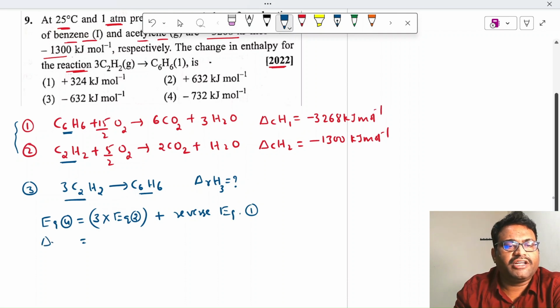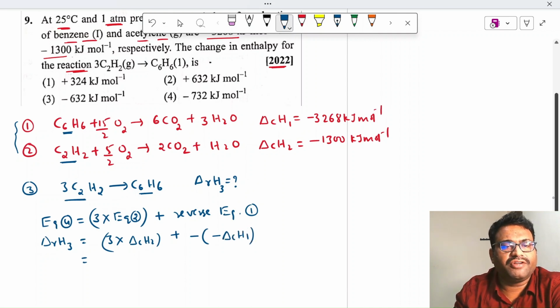Delta enthalpy of reaction 3 is equal to 3 into enthalpy of combustion 2 plus, reversing, minus enthalpy 1. And what do you get? 3 into minus 1300 kilojoule plus minus 3268 kilojoule.